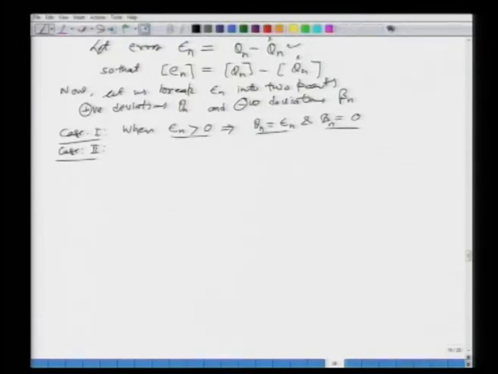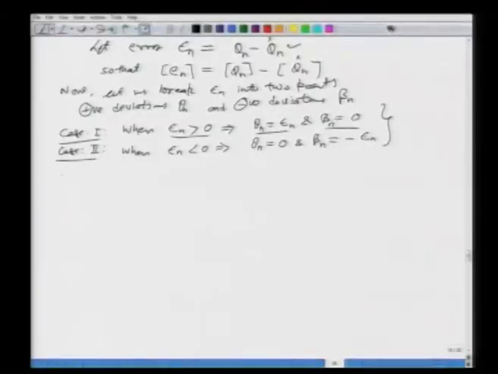Then you have case 2, when you have epsilon n less than 0, that is when the error is negative. Then your positive component is obviously 0, and beta n is equal to what? You want that to be positive. So, you say negative of E n. All you are doing is some mathematical manipulations, so that you are converting your epsilon into a positive error all the time.